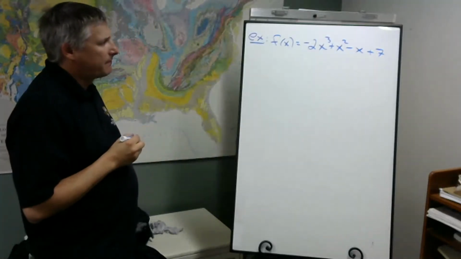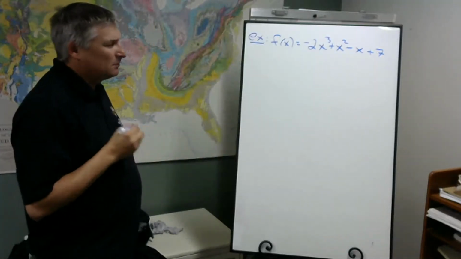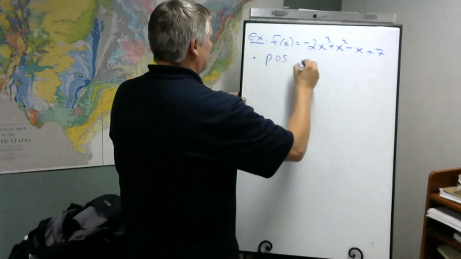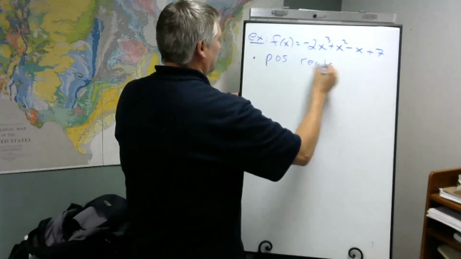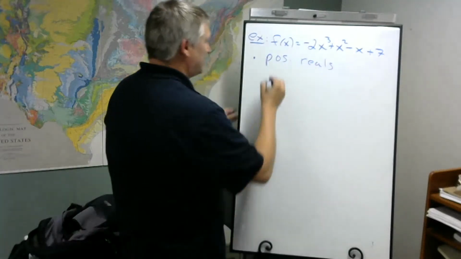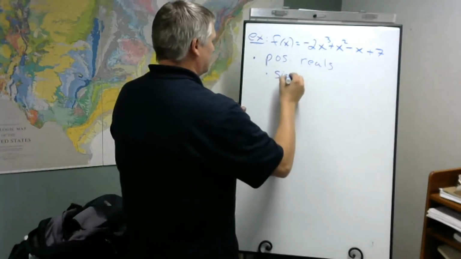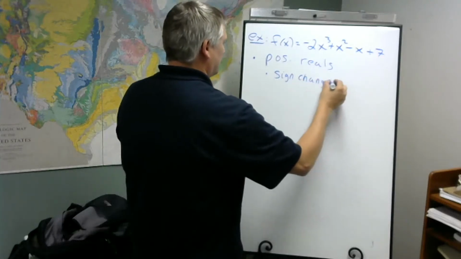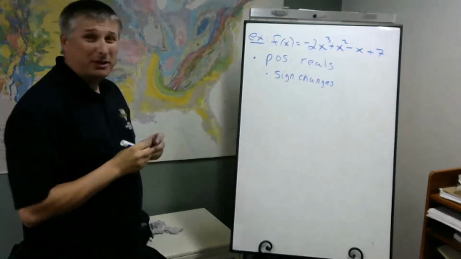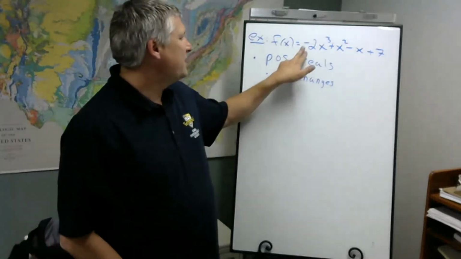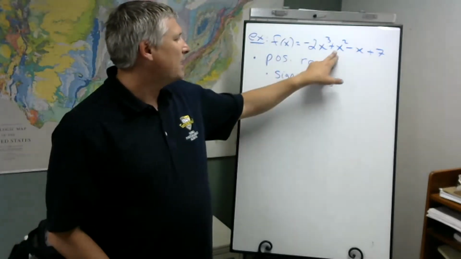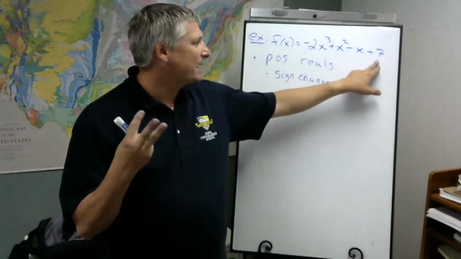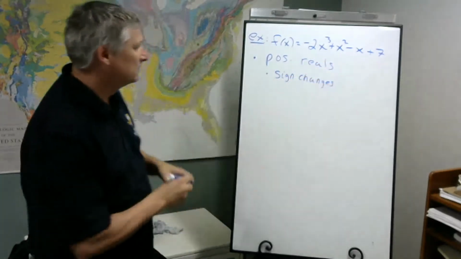So let's take a look at positive reals. Well, sign changes. Just looking at f of x, negative to positive, so that's 1, then back to negative, and then back to positive, that's 3.